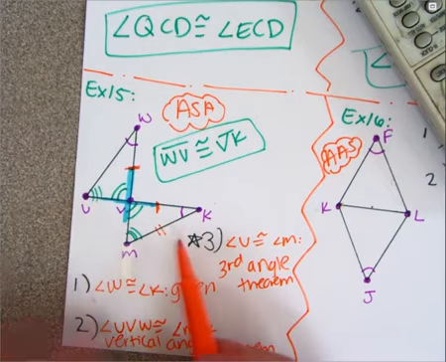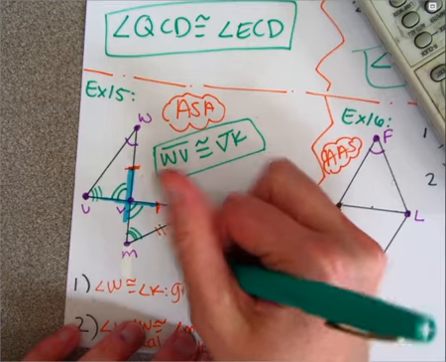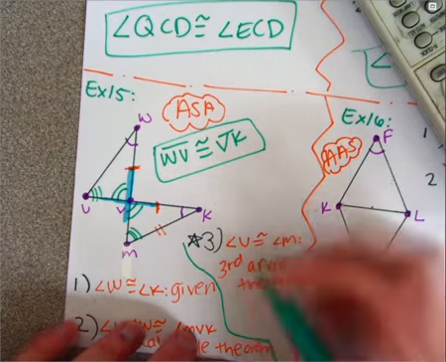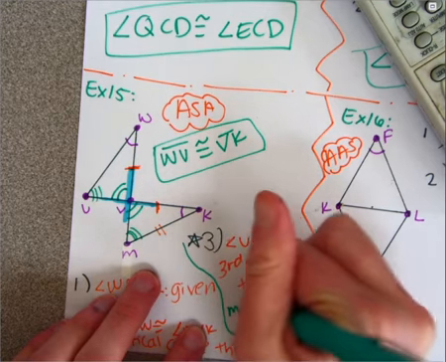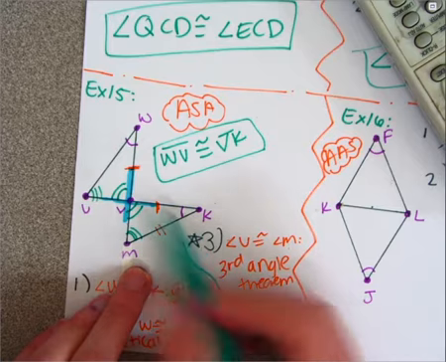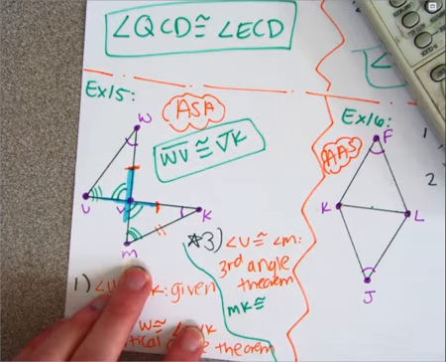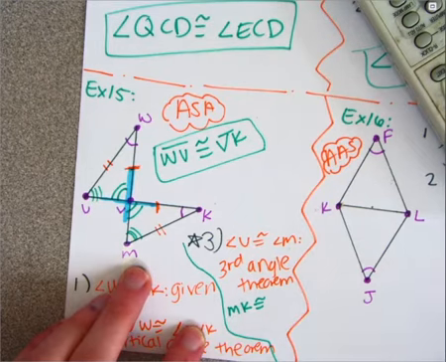I could also say, in addition to this, that MK is congruent to, well, that's in between 2 angles with the 3 arcs and the 1 arc. So the other side with the 3 arcs and a 1 arc is this one. So that'd be UW.